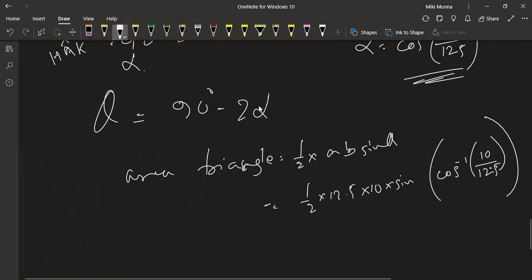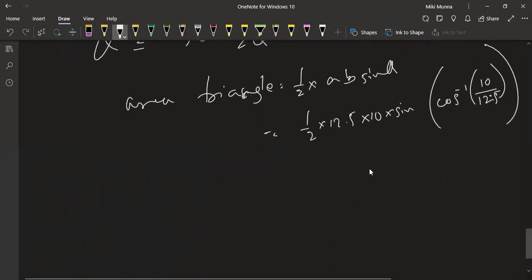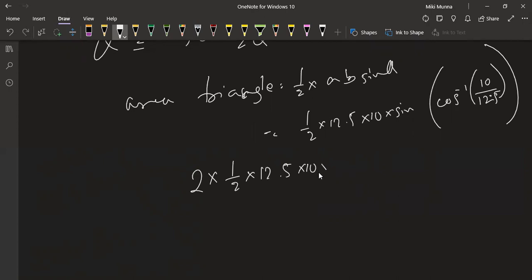Doing so, we should get sine alpha, and half times 12.5, I mean half into AB sine theta. This is the area of one of the triangles. Both triangles have the same area, so we just need to multiply this by 2: 2 times half into 12.5 into 10 into sine of cosine inverse 10 over 12.5.